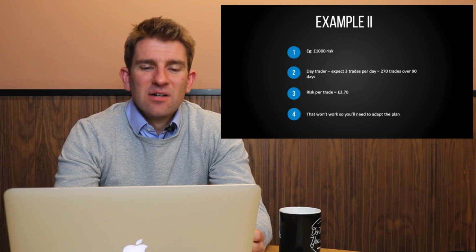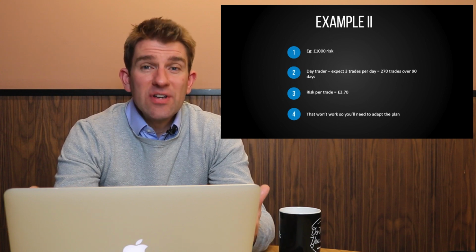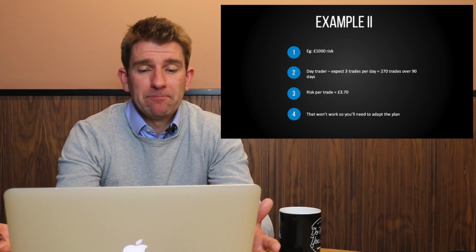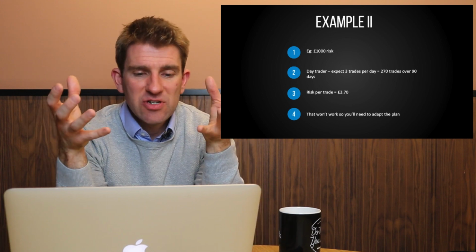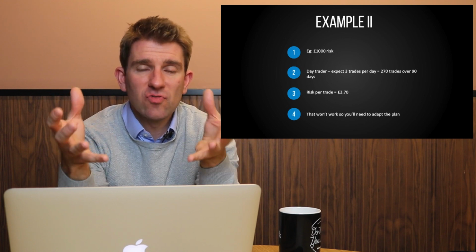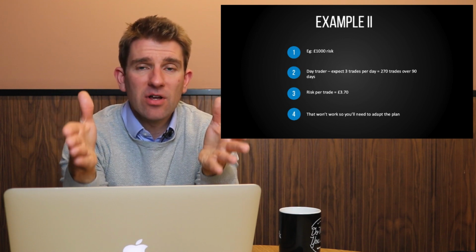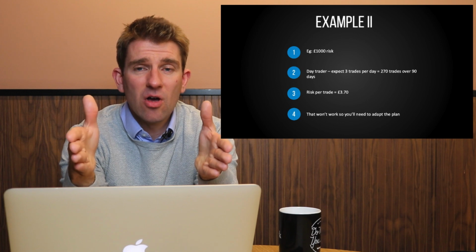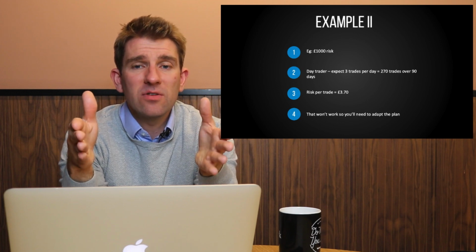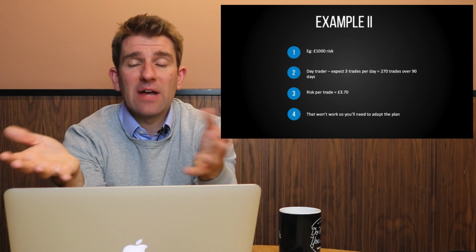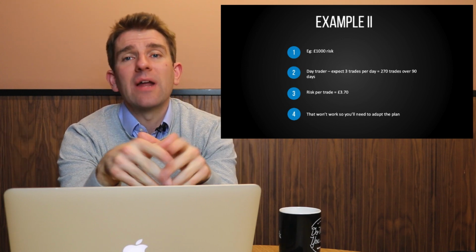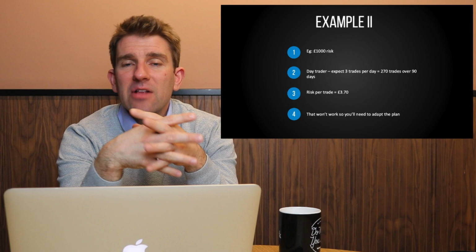You recognize that you're going to have to increase your risk, because something's going to change, right? I know there are extreme examples, but my point is you must look at how much you're prepared to risk mentally over a period and say, that's my worst case scenario. How does that fit in with what I'm going to do? In this example, if you're day trading, it doesn't. You're either going to have to cut down the number of trades or increase the risk.